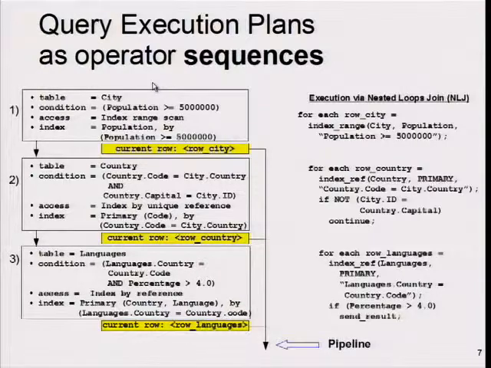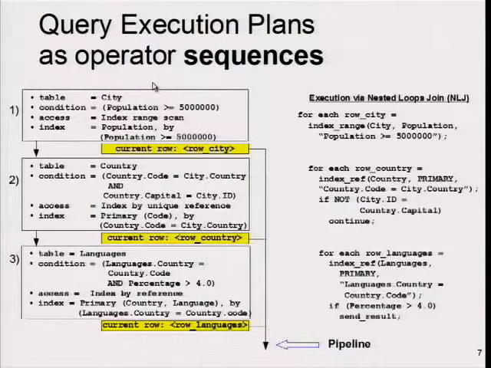On the general level, for the simplest case when you have just a nested loop join or index nested loop join, the way it works is you would basically execute this plan via 3 nested loops. Of course, we do not unroll them as such, but just for simplicity, I showed the 3 nested loops. In this case, for each variable here, row city, we would do an index range access method.